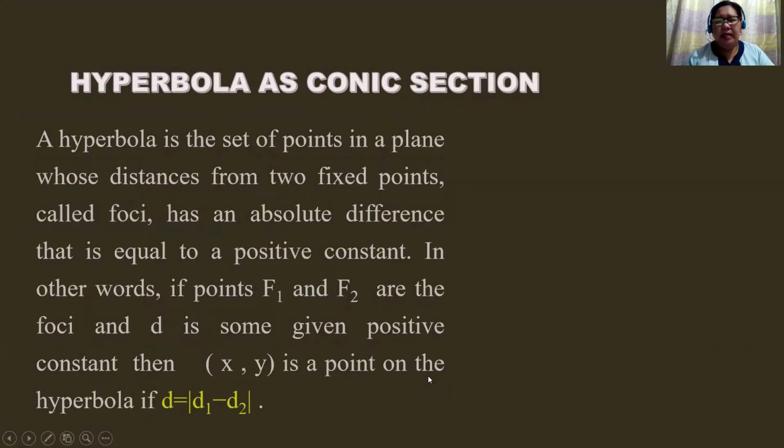A hyperbola is the set of points in a plane whose distances from two fixed points, called foci, have an absolute difference that is equal to a positive constant. In other words, if points F1 and F2 are the foci and D is some given positive constant, then the coordinates (x, y) is a point on the hyperbola if D is equal to the absolute difference of D1 and D2.